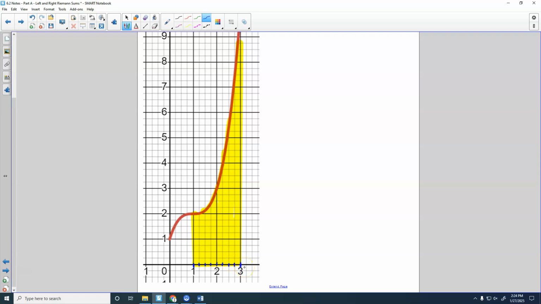So if we're doing a right Riemann sum, it means that we want to have the right corner of our rectangle on our graph. This first one I'm going to draw is not all that helpful because it looks pretty flat right there, but you'll see as I go along.